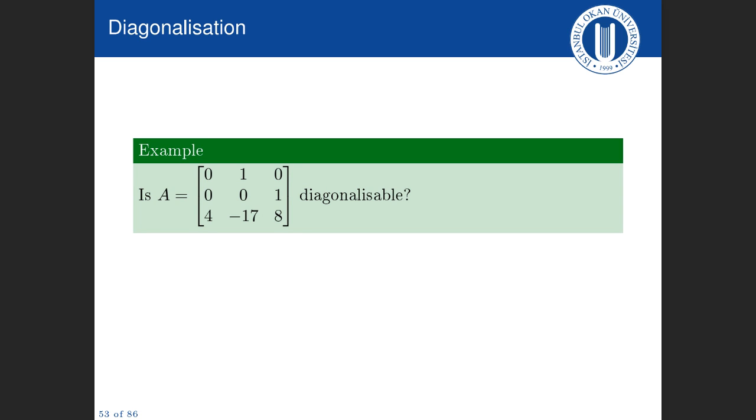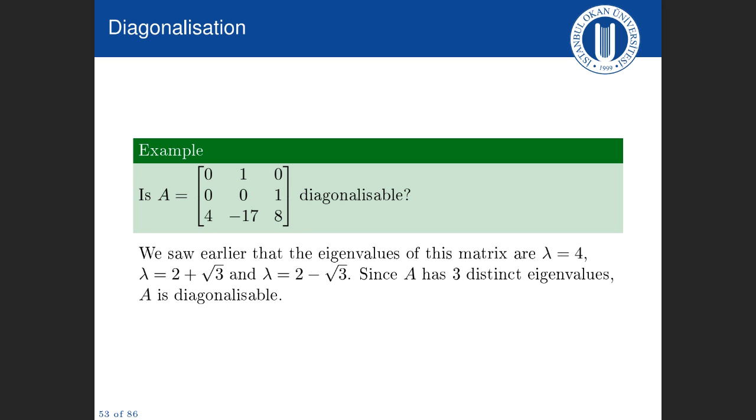What about this one? Is this matrix diagonalizable? This is another one which we've looked at already today. We've already found that the eigenvalues of this matrix are 4, 2 plus root 3, and 2 minus root 3. We have 3 different eigenvalues, or 3 distinct eigenvalues.